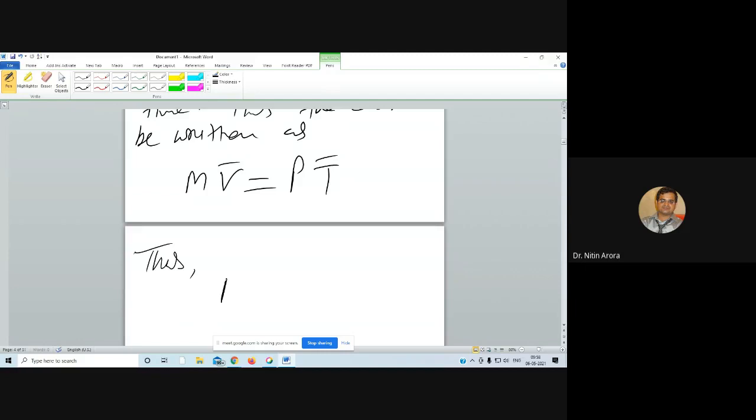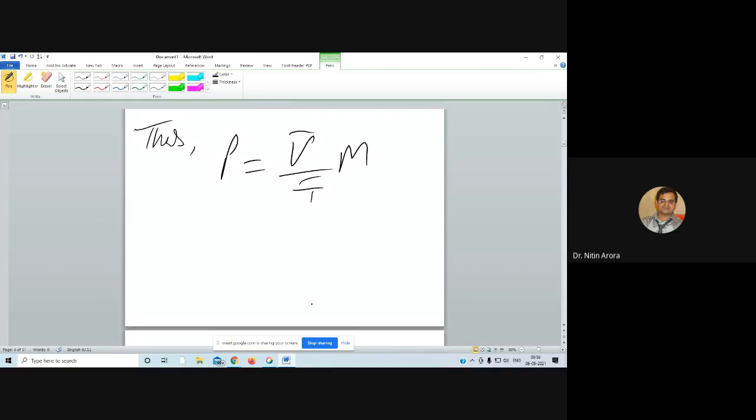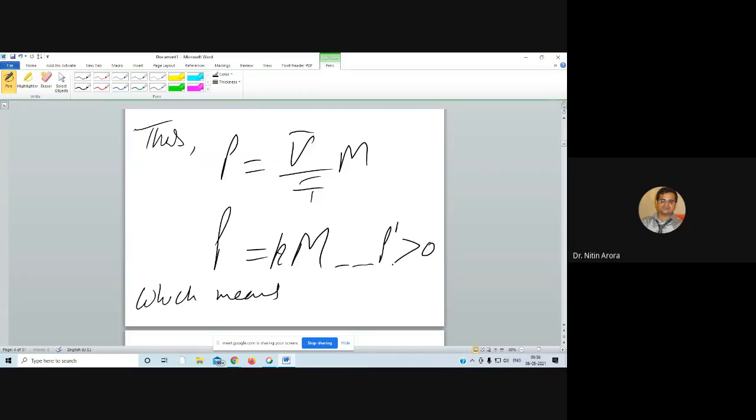Thus, P can be taken as V bar upon T bar into M. So P is written as small k into M, which means dP upon dM is equal to k, which is positive.